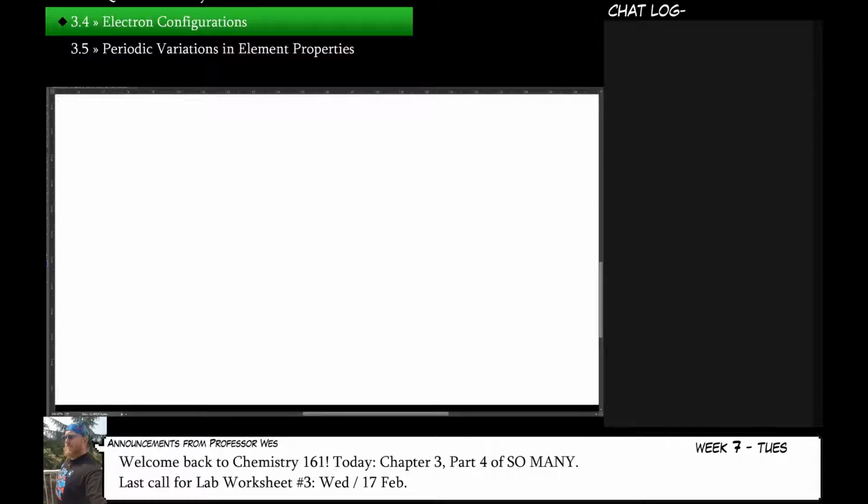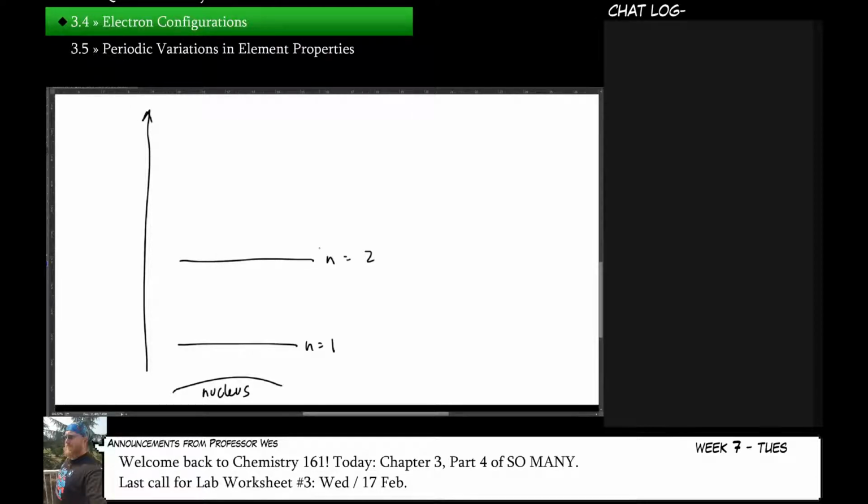I'm going to make a diagram, and you're going to see this diagram like 60 million times in this class. I'm just making these longer to give me more space.